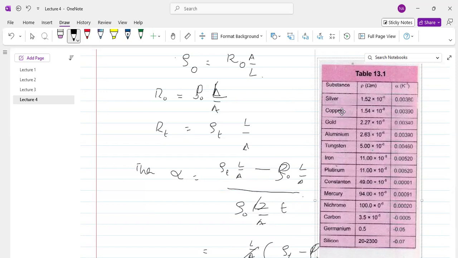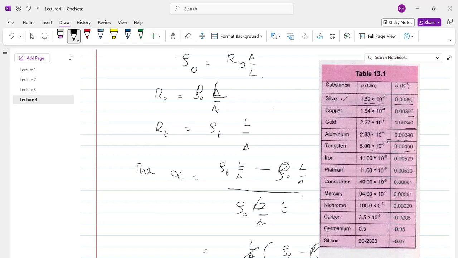For example, silver, 1.52 into 10 raised to the power minus 8, and temperature coefficient of resistance is 0.0380, 0.390, 0.340, 0.390, 0.460.